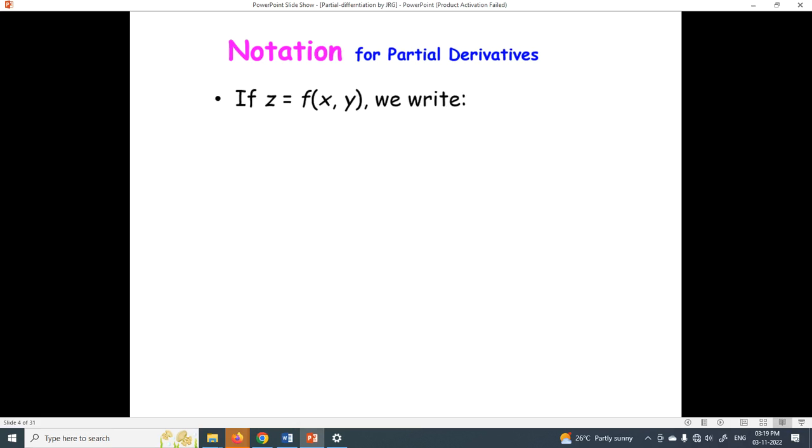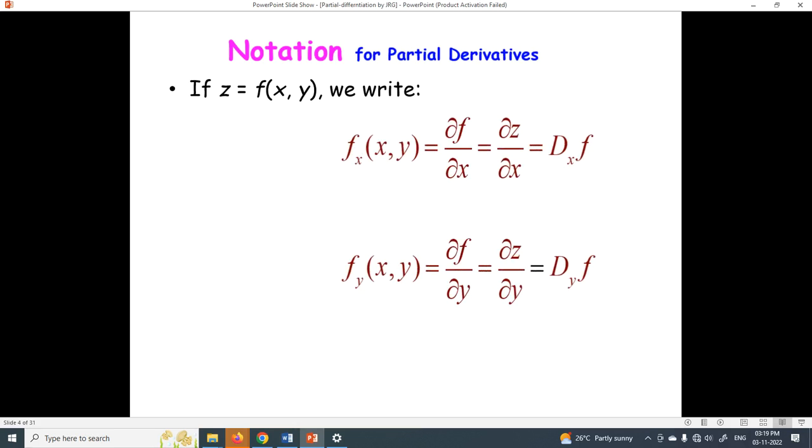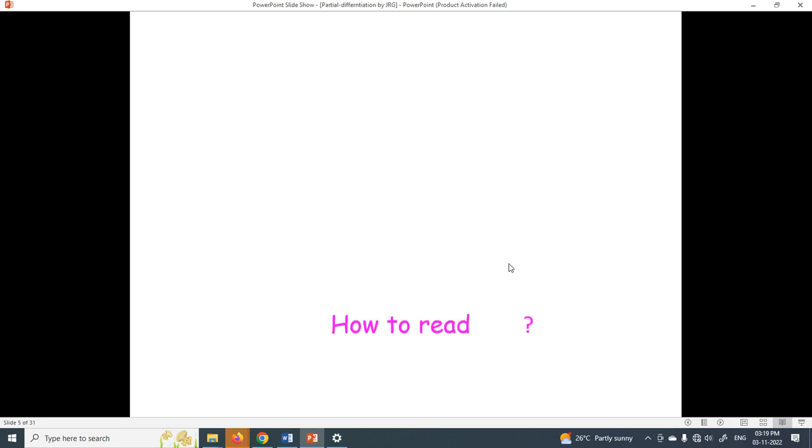Notation, please remember the notation, students. If z is equal to f of x comma y, we write fx of x comma y is equal to dou f upon dou x, which is dou z upon dou x. So this is how we write the notation. So how do we read this symbol?